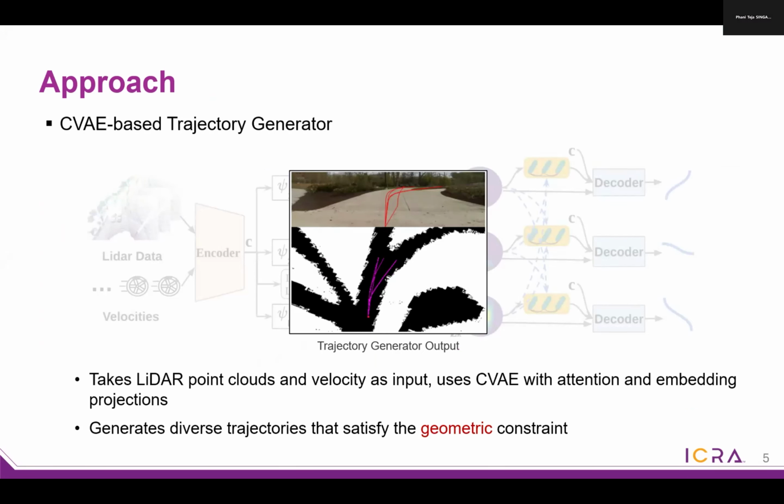Okay. Diversity, in terms of the CVAE-based trajectory generator that we worked on, we are trying to generate diverse trajectories that are within the traversable areas, and that could be controlled by the loss term in our training model.